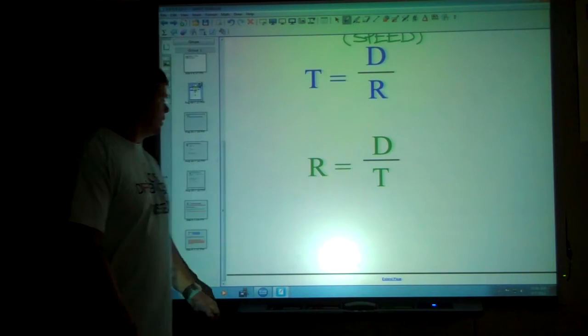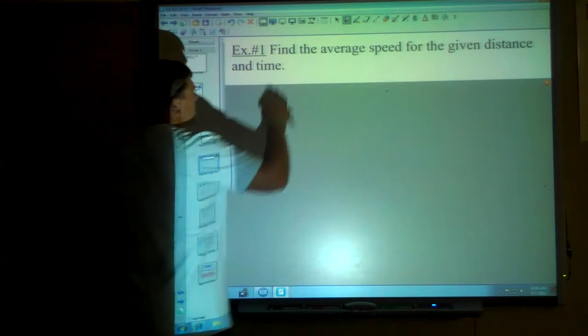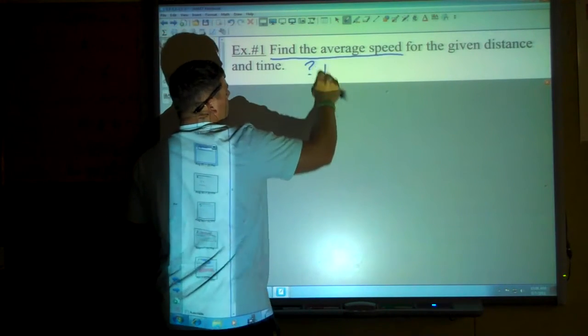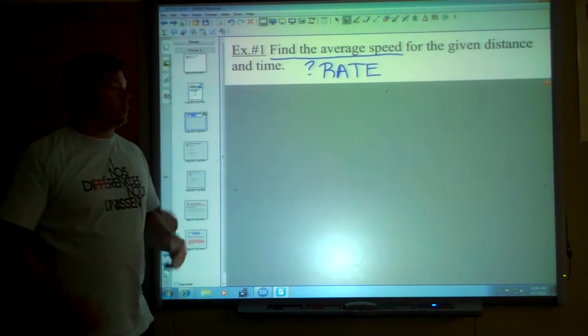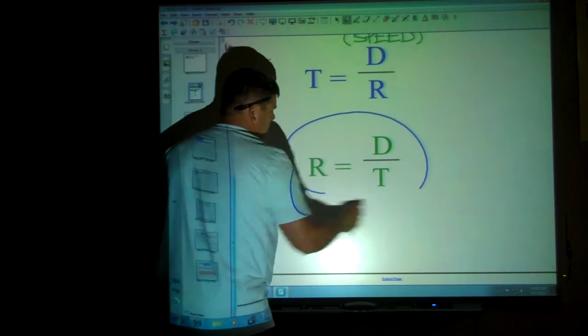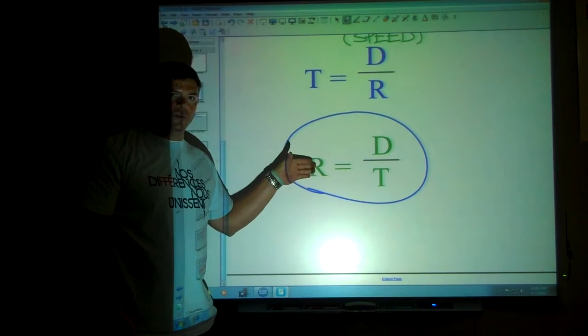So whichever variable I'm looking for, I pick that formula. If we actually use that, find the average speed, this is the question right here. That's what we don't know. And speed means rate. So since the rate is what we are looking for, if we go back to our choices, this would be the formula that we actually want, because that's the one that shows what we're looking for, the rate.